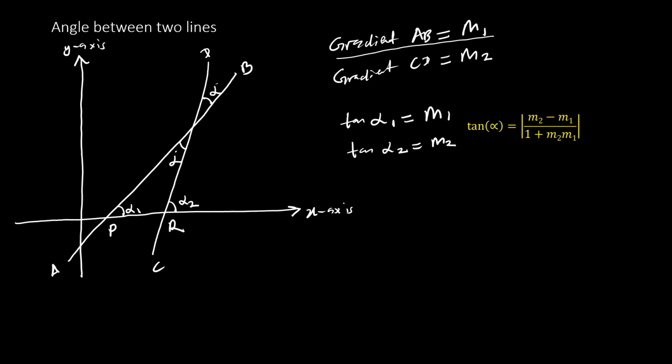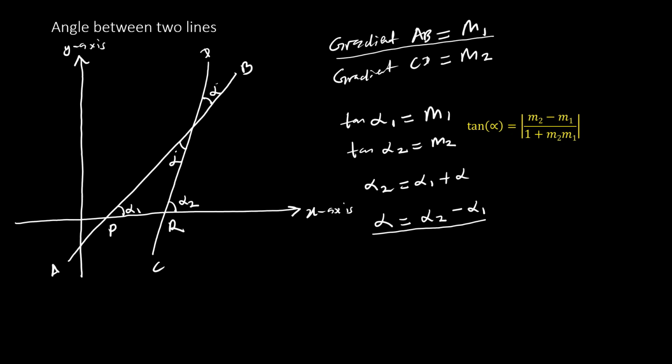Also from the rules of triangles, we know that alpha 2 equals alpha 1 plus alpha. This is the exterior angle of a triangle. And then we are going to have that alpha equals alpha 2 minus alpha 1. To continue the proof, let's take the tangent of both sides for this particular equation.